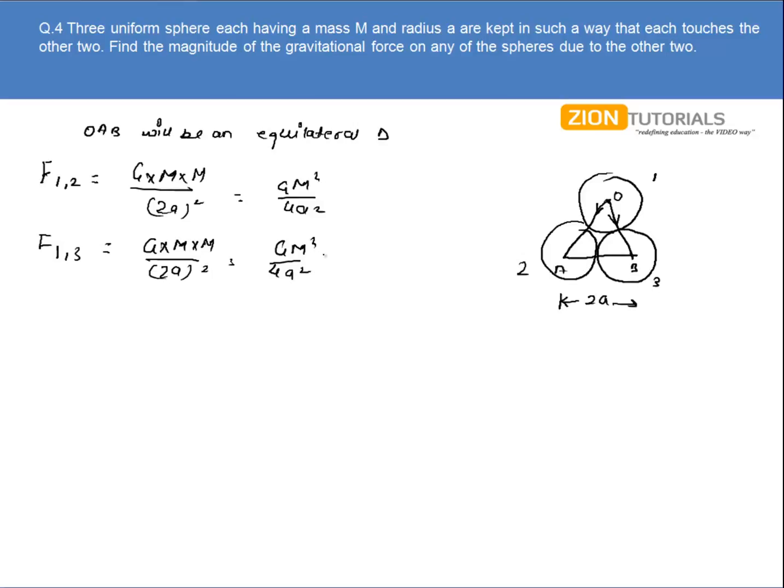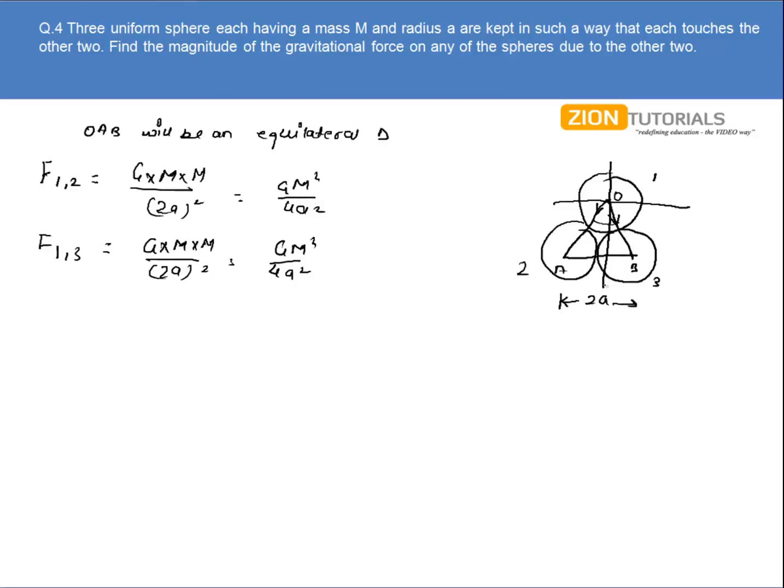Alright, now these are the forces, and I have to calculate the net force on 1. Fine. Now since it is an equilateral triangle, this angle will be 60 degrees. Now what I'll do is I'll draw a perpendicular line like this and a line like this, and I'll resolve the components, that is force F12 and F13, along these two axes.